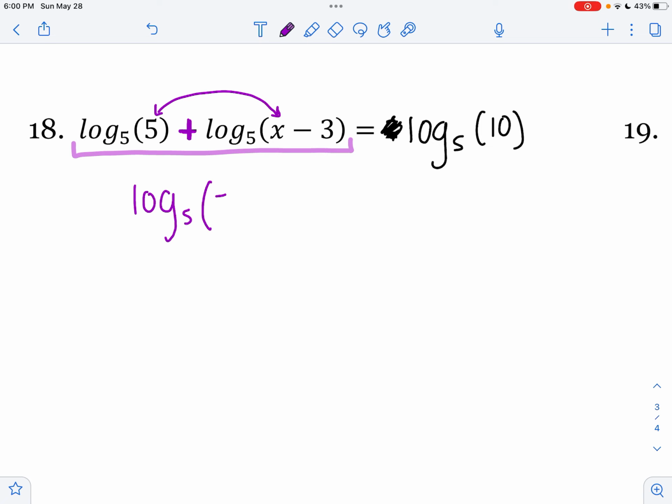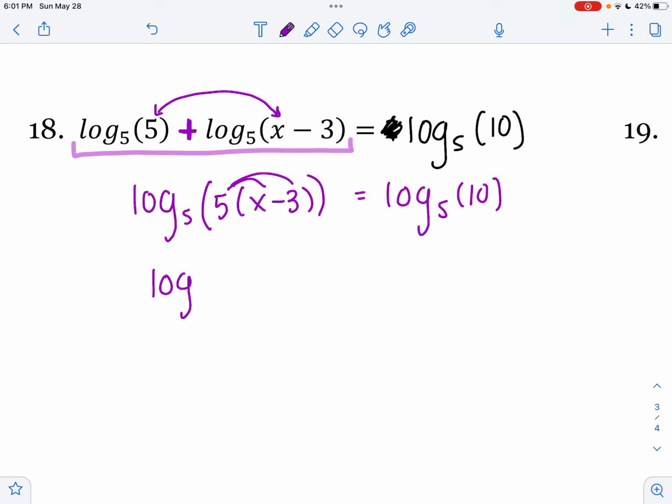I'm going to take my 5 and multiply it to x minus 3, and then equal log base 5 of 10. So log base 5 of 5x minus 15, because I distribute that 5, equals log base 5 of 10.